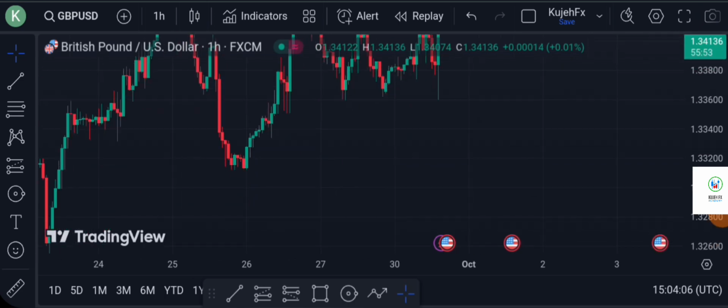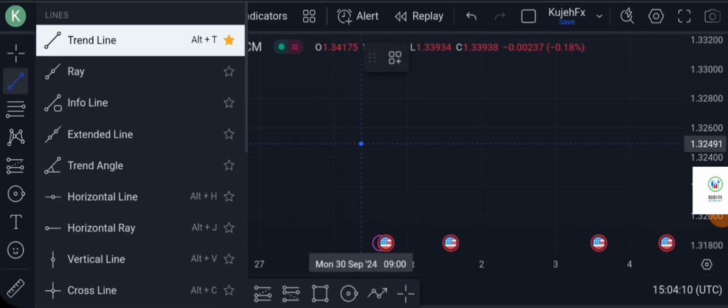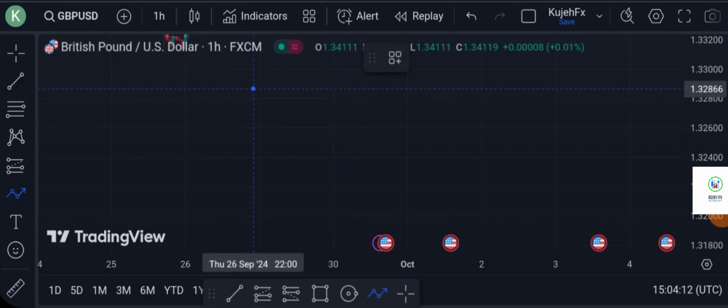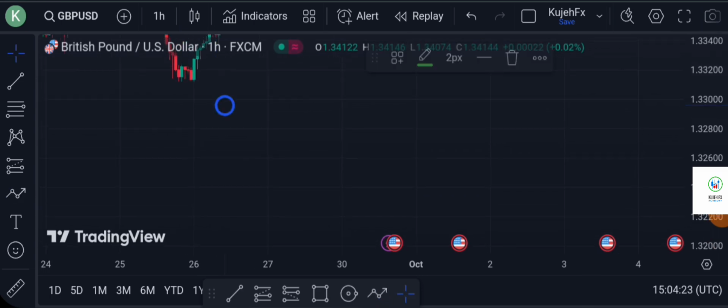Let me explain this using a line graph. Let's say the market is in a downtrend. In a downtrend, the market creates a lower high, lower low, lower high, and lower low.